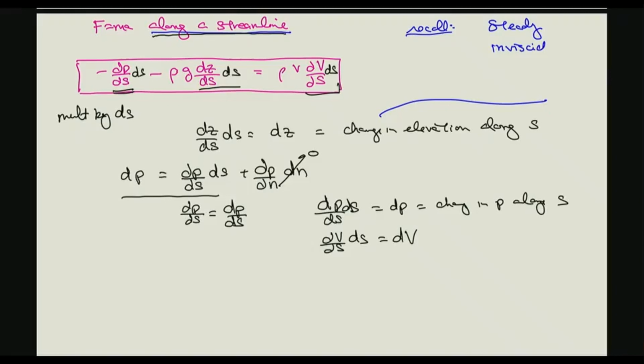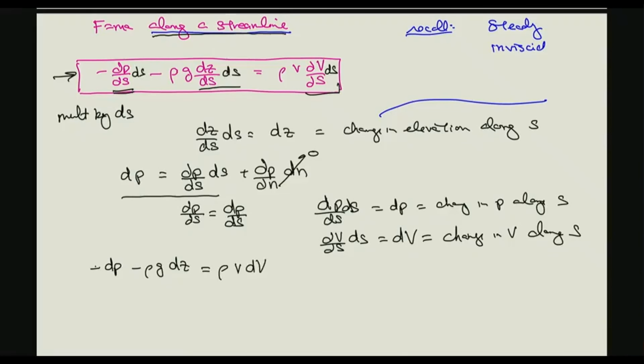So this is really dV ds, since we are assuming v doesn't change in time, and this is the change in v along S. So from here, we can write minus dP minus rho g dz is equal to rho v dV.